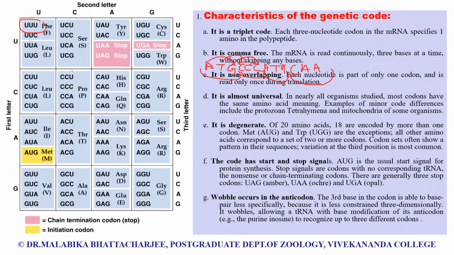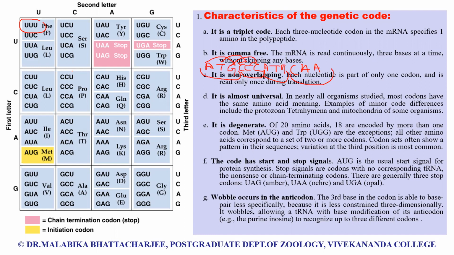For example, mitochondria of some organisms, such as mammals, have minor changes in the code, and so does the nuclear genome of the protozoan Tetrahymena. So it is universal with some exceptions, but these are minor exceptions.